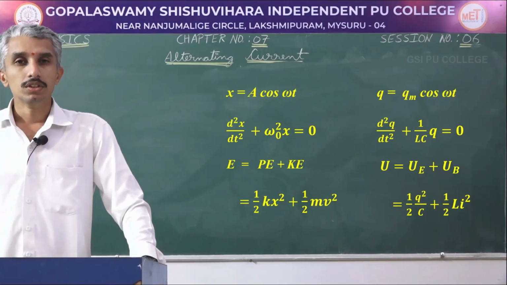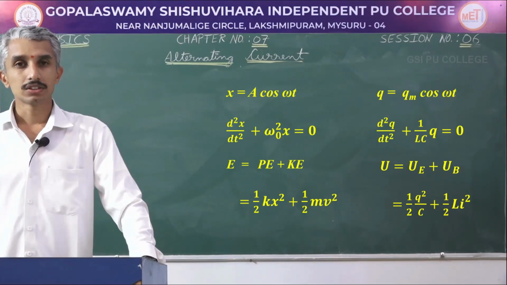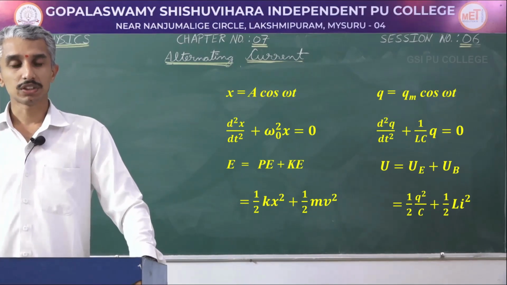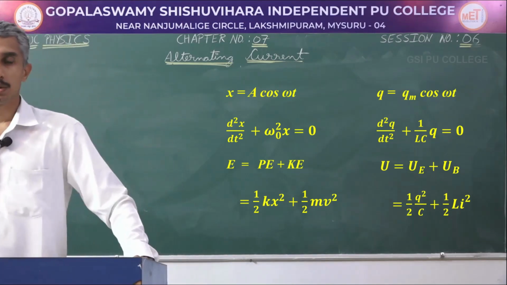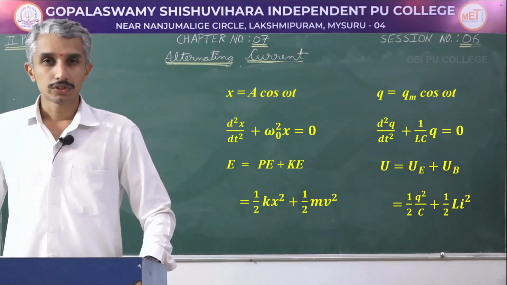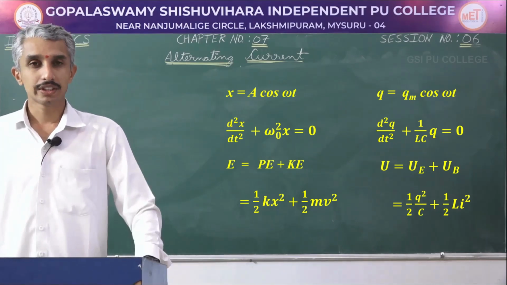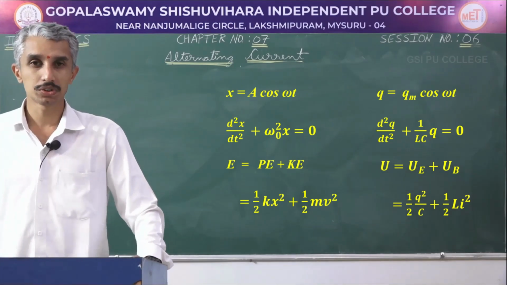Also, the differential equation for SHM in mechanical oscillations is given by d square x by dt square plus omega naught square x is equal to 0, whereas in electrical oscillations, the differential equation is d square q by dt square plus 1 by LC into q is equal to 0.